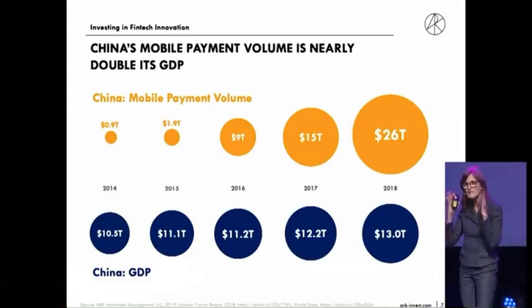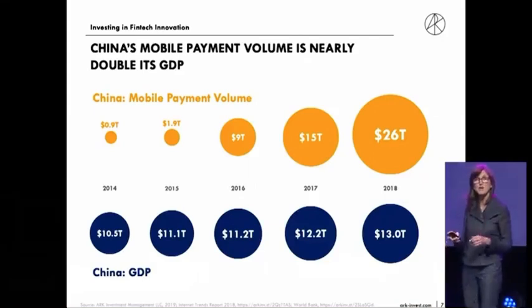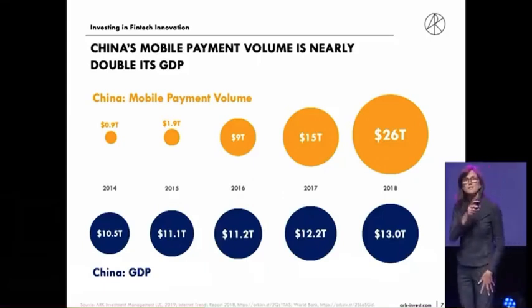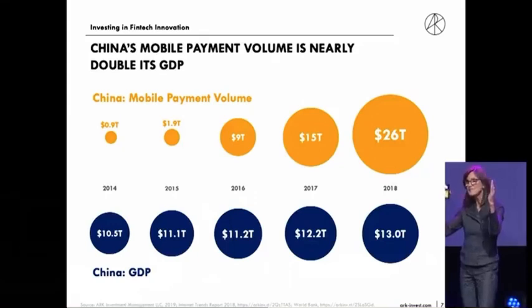And so I was thinking very narrowly and incorrectly, and shame on me because I have an economics background. What we're seeing here, look at this, $1 trillion in 2014 in China's mobile payments to $26 trillion. That's only 4 years. That was 2018. Talk about exponential growth.